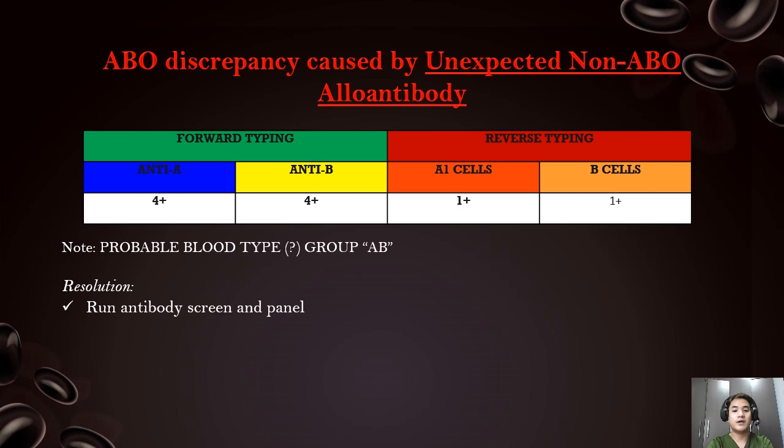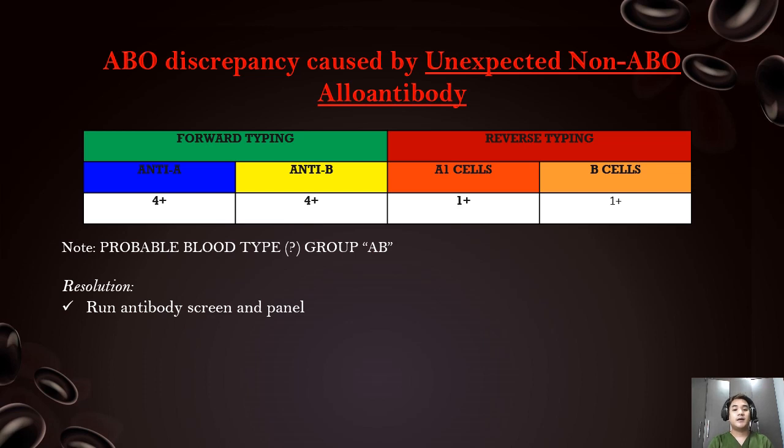So our last ABO case presentation is the discrepancy caused by unexpected non-ABO alloantibody. As you can notice, anti-A and anti-B show a strong reaction in the forward grouping, which means that it is a probable blood group AB.